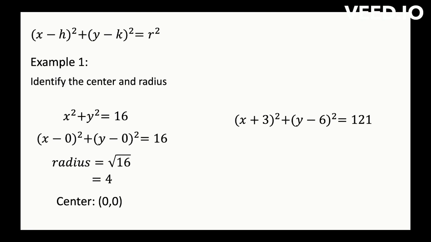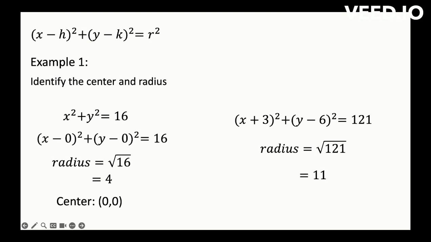Here's another example. (x + 3)^2 + (y - 6)^2 = 121. In this case, x plus 3 squared is the same as x minus negative 3 squared. And then, to find the radius, we set 121 equal to r squared, which gives the radius of 11.